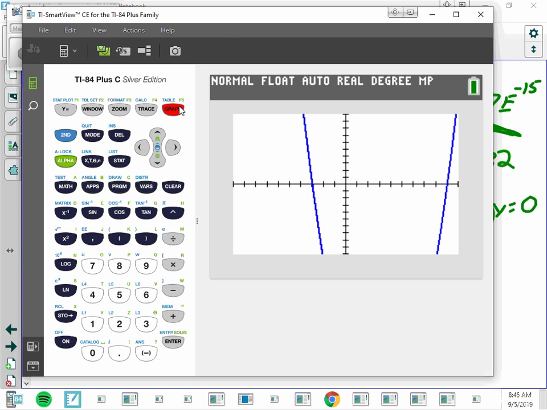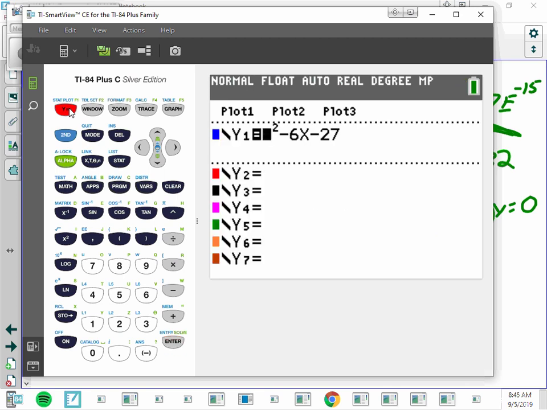So I'm going to push trace and type in -3. That's one of them. And the nice thing is you don't have to push trace again. You can just keep plugging in numbers. So 9, enter, and that's the other root. Okay, any questions about that? Okay, number 15.